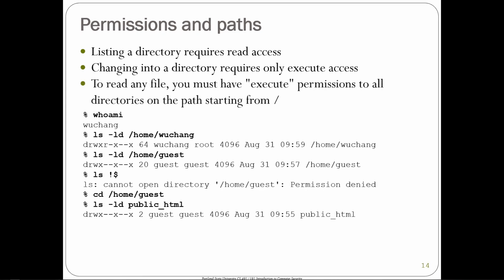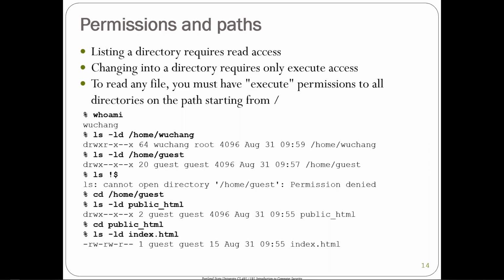So to read any file, you have to have execute permissions all the way down to that file, and then you have to have read access to the file itself. And this is how home directories on web servers are sometimes done.